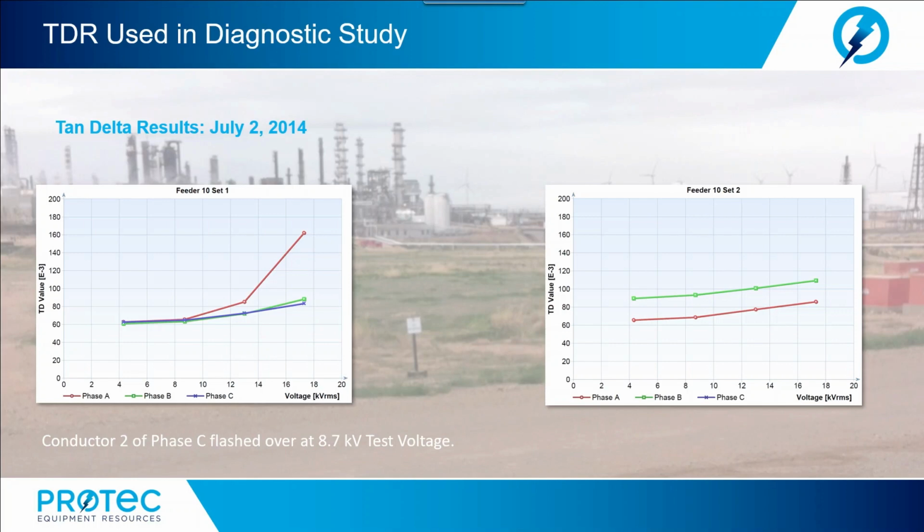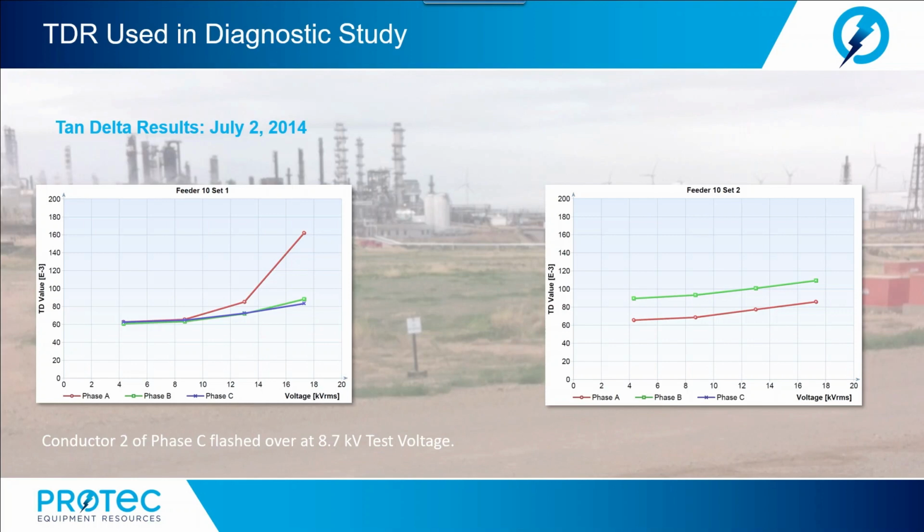Now, here we see two traces or two graphical plots of our test results. The tan delta test was run over 4 voltages: 1/2 operating voltage phase to ground, 1 times operating phase to ground, 1.5 times, and 1.7 times.